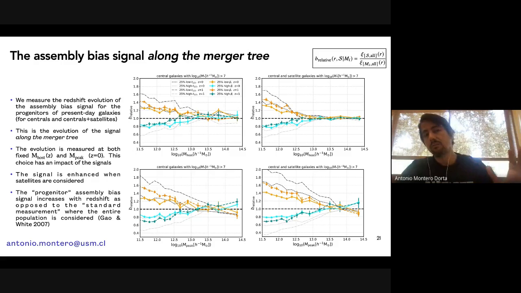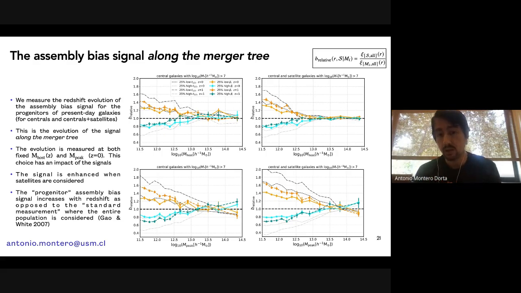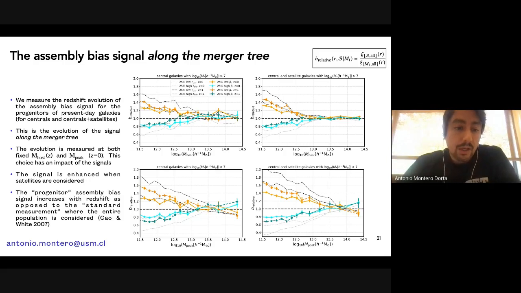Again, this is on scales of between 5 and 15 megaparsecs over h. And the upper panels, we are binning in M host, instantaneous halo mass, whereas the lower panels is M peak, basically, at redshift 0.